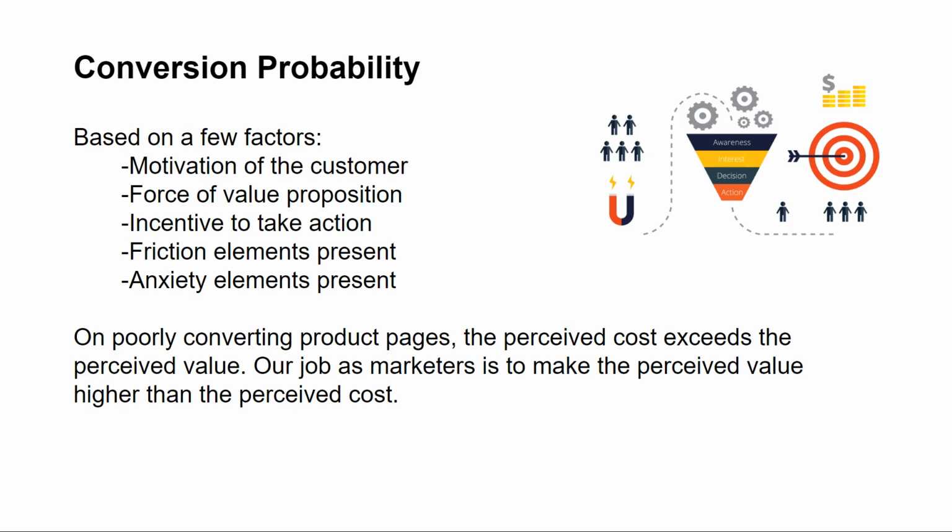Force of the value proposition is all about your product description, your price, your overall brand, and appearance. On poorly converting product pages, perceived cost exceeds perceived value. Your job is to increase the perceived value.